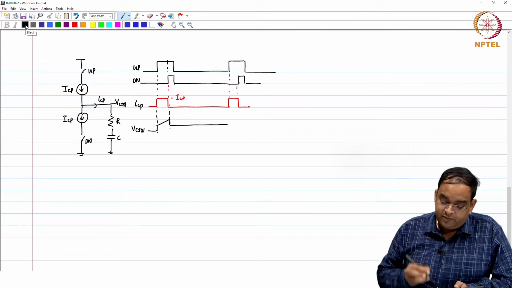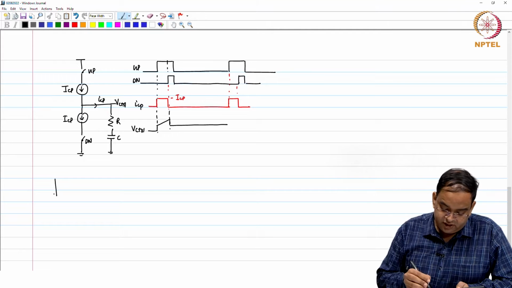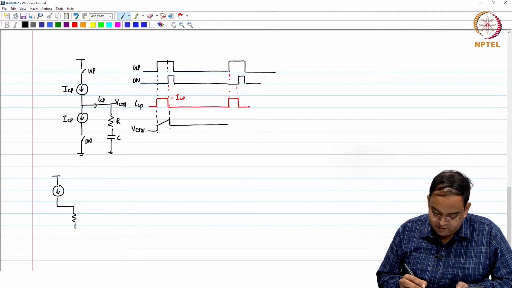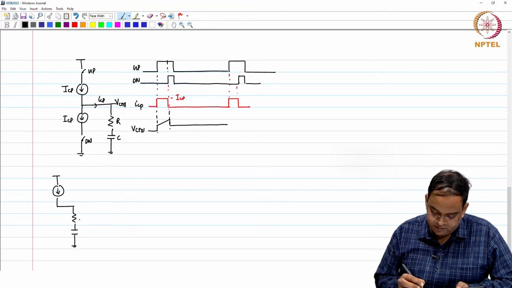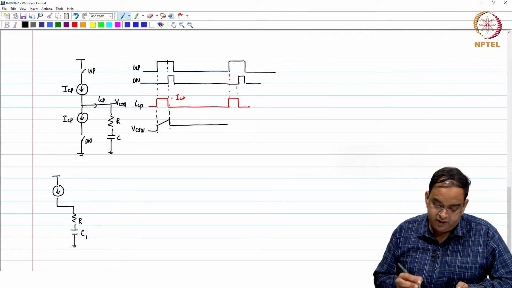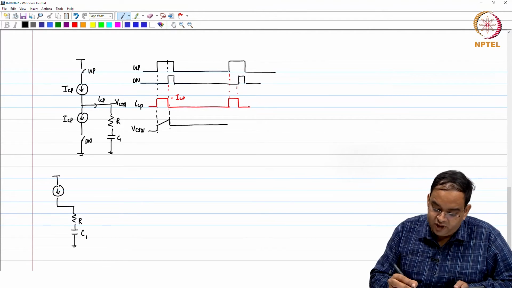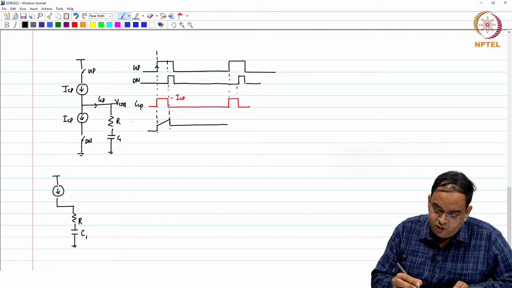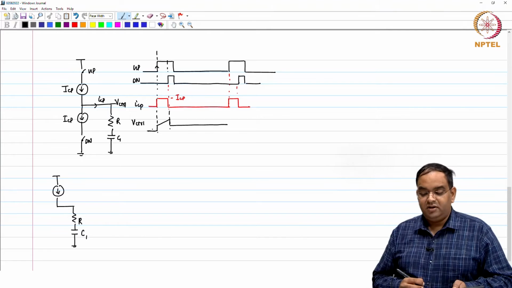If you think about it, suddenly you have ICP current flowing through a resistor and capacitor, right. So, whatever value this particular voltage has before this rising edge may not be equal to 0, it will be some voltage, right.